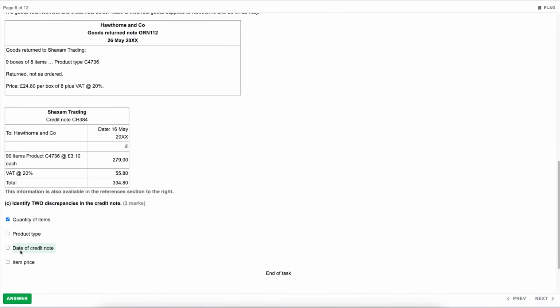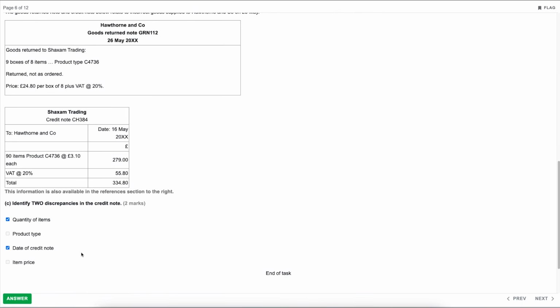The next one says the date of the credit note. So let's have a look at the date. So we've got 16th of May, and then we've got the 26th of May, which again, obviously don't match up. So your second discrepancy would be the date of the credit note. Now let's just double check that the item price is correct. Okay, we have found the two there.